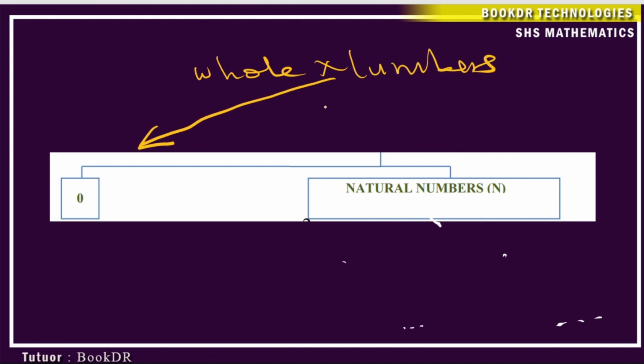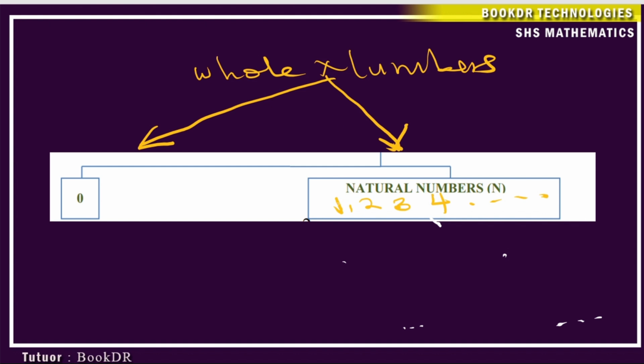We have 0 standing alone and natural numbers, or counting numbers. They begin from 1, 2, 3, 4, etc. So when we add 0 to natural numbers, we get what we call whole numbers.